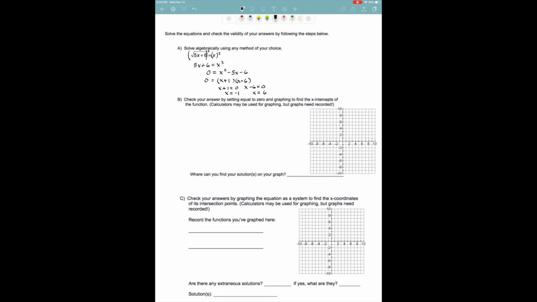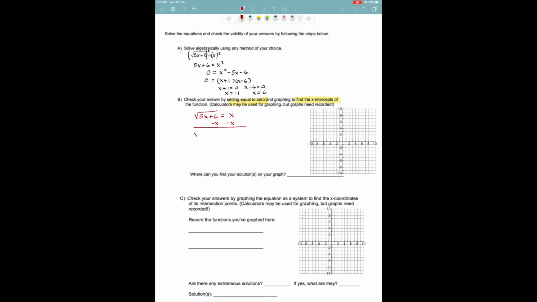Now, letter B says check your answer by setting equal to 0 and graphing to find the x-intercepts of the function. So this is the one where we want to set it equal to 0, and we're going to be looking at what the x-intercepts are. That should help us to see our solutions. Now this function in particular, because we have the square root of 5x plus 6 equals x, when we go and set this equal to 0, I'm going to just subtract the x from each side.